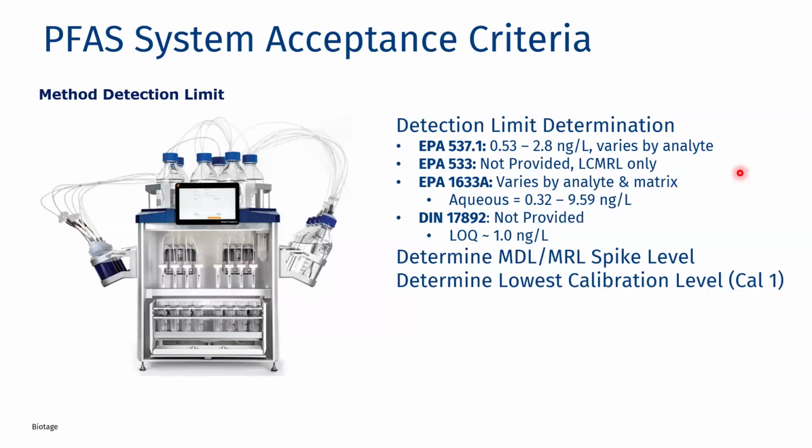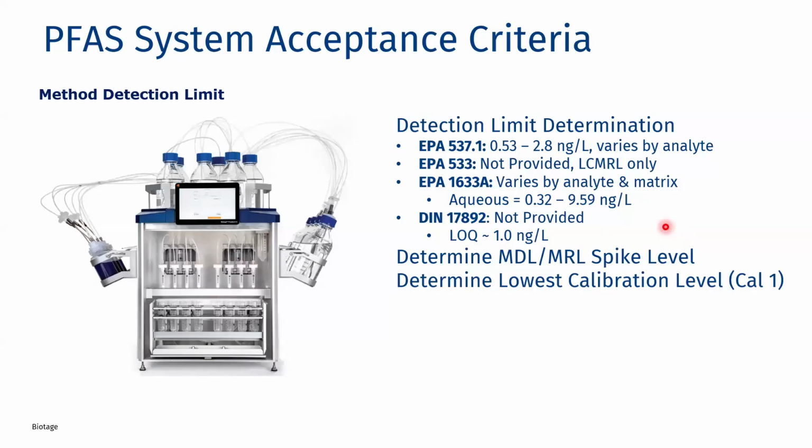So 1633, it varies the detection limits by analyte and matrix, but for aqueous samples, its detection limit varies from 0.32 to 9.59 nanograms per liter. And for the DIN 17892, it isn't provided. However, it does reference an LOQ of about 1 nanogram per liter.